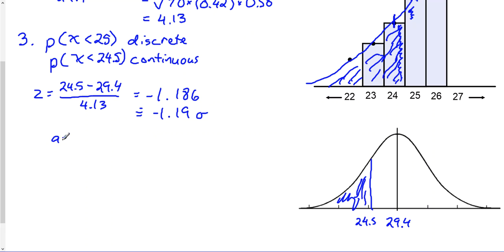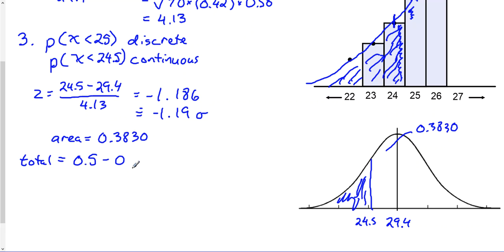We look up that z-score in our table and we get an area of 0.3830. That of course is the area from the value to the mean, so that's this area in here. So the area that we want, I'll just call it the total, is 0.5 minus 0.3830, which is going to be 0.117.